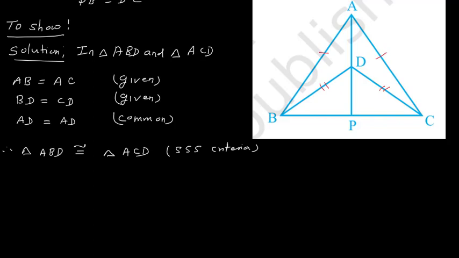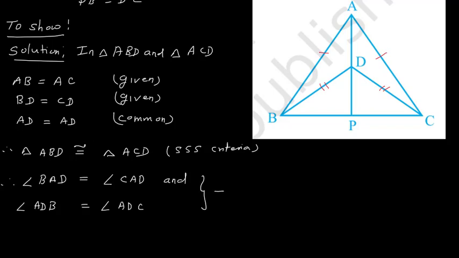Okay. So therefore I can say that angle BAD is equal to angle CAD and angle ADB is equal to angle ADC, and this is my equation 1, as they are corresponding parts of congruent triangles.